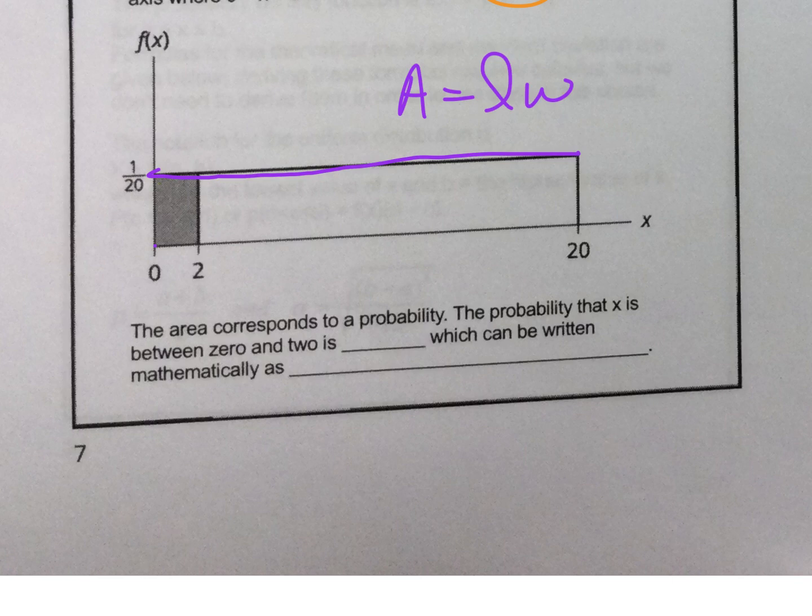So area equals, the length of it is 2, and the width is 1 over 20, so that gives us 0.1.